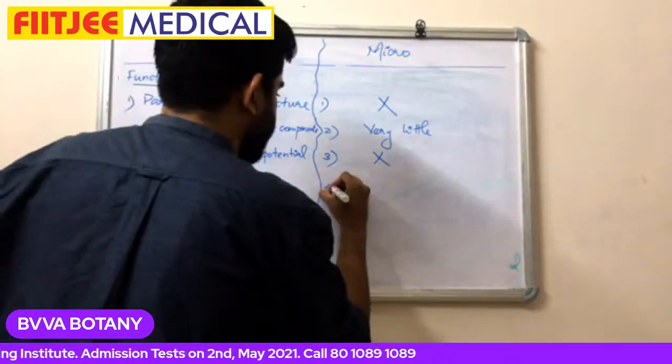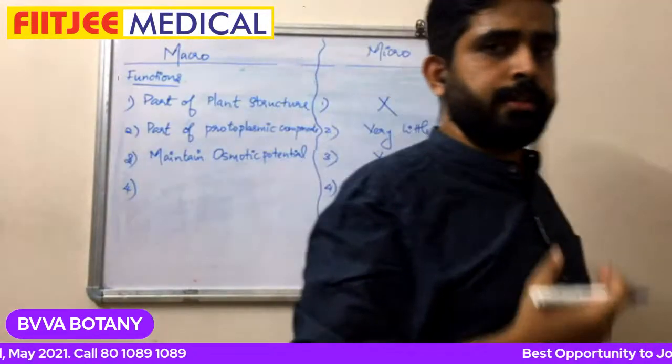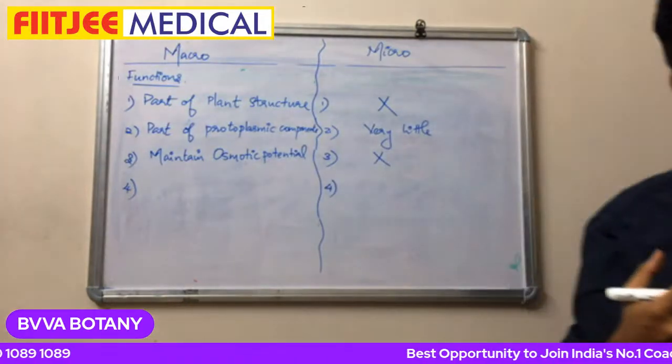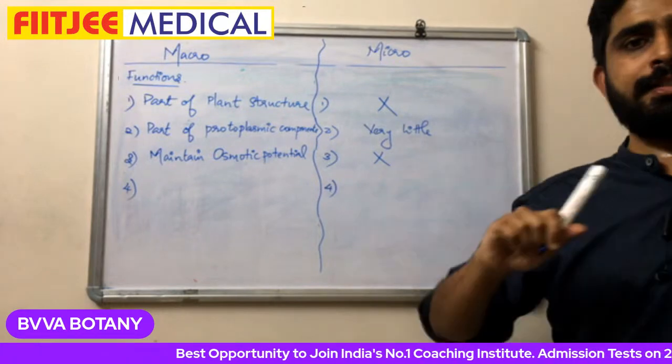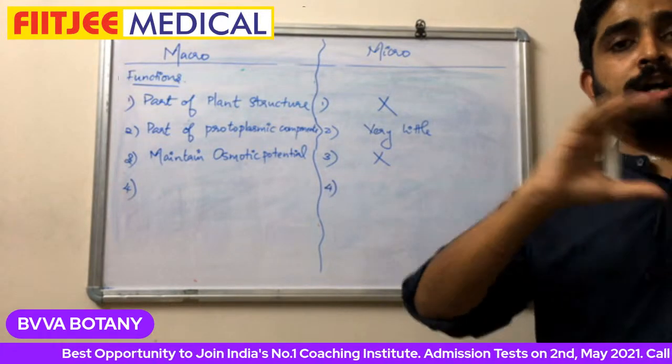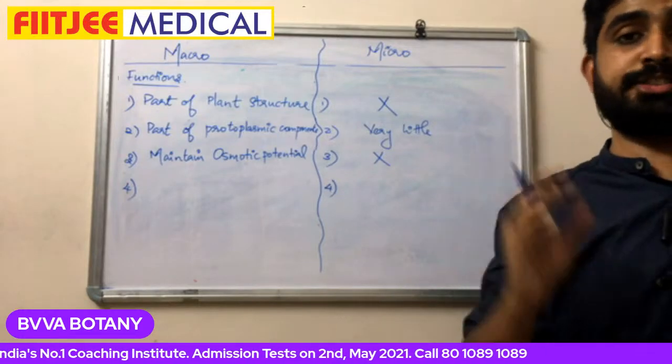Now, in 10th standard you would have studied photosynthesis, and here we will study photosynthesis next class too. In photosynthesis, there is a process known as ETS, the electron transport system.